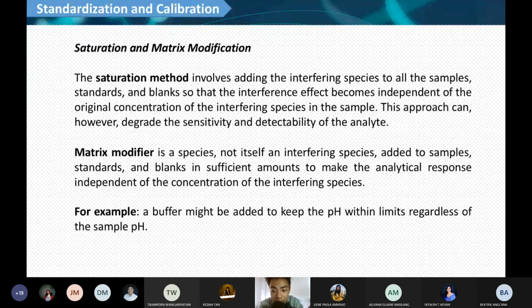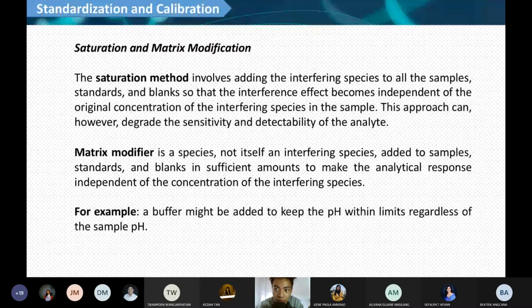Next one, the next technique to minimize the errors in your laboratory samples would be saturation and matrix modification. When we say saturation, it is about concentrating your analytes in your sample. For example, you have a certain volume for your solution.